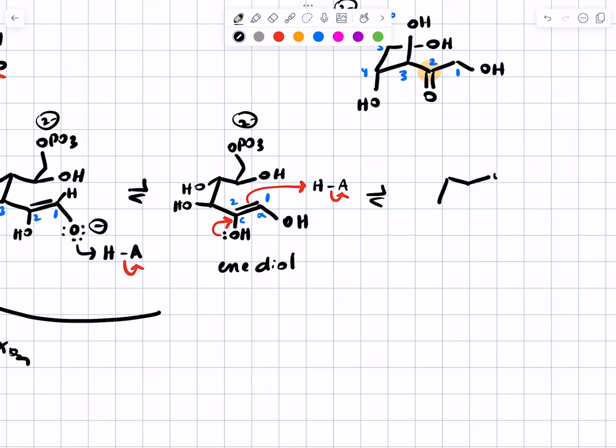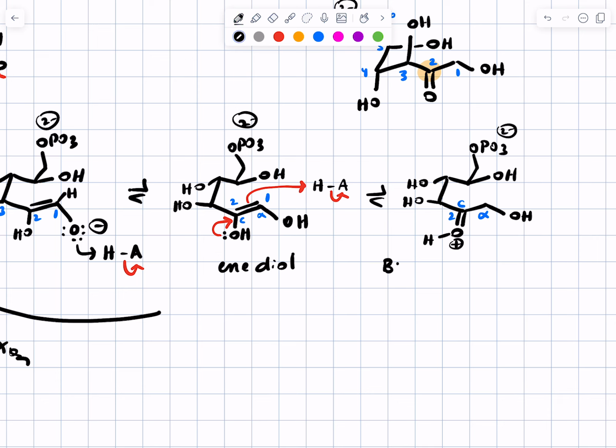That's going to lead to the following intermediate, where you will see that we have established the new carbon-oxygen pi bond with C2, our new carbonyl carbon. And we just picked up a proton on our alpha carbon.